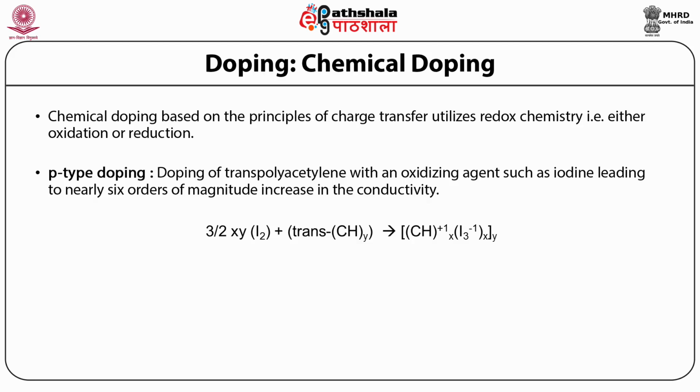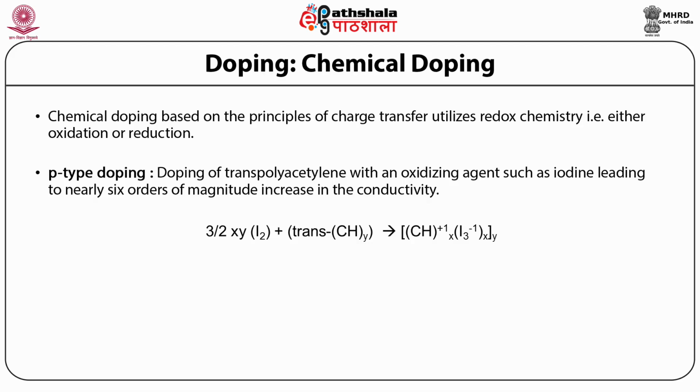Doping of trans polyacetylene with an oxidizing agent such as iodine leads to nearly 6 orders of magnitude increase in its conductivity. So the following reaction corresponds to p-type doping.